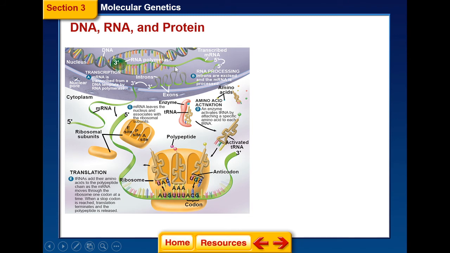Then all these little loops and ribbon, think of it as ribbon. Now, the thing I want to point out is that the RNA is single stranded as opposed to the double strand of DNA. So here we have the RNA processing.